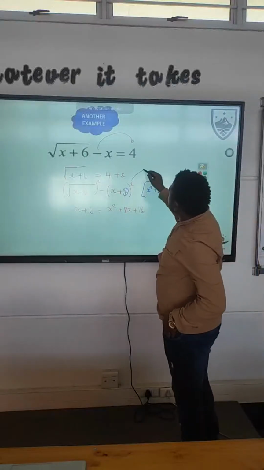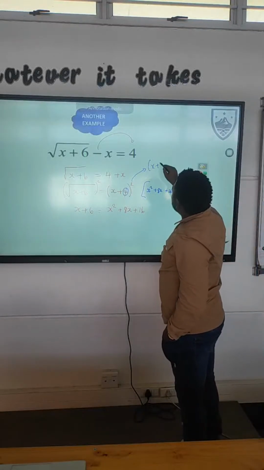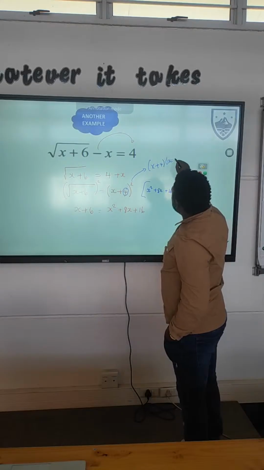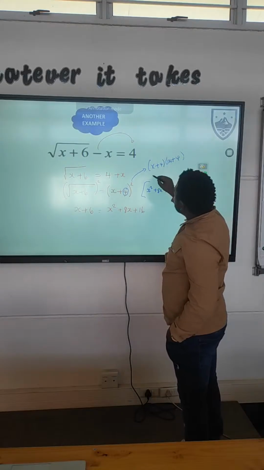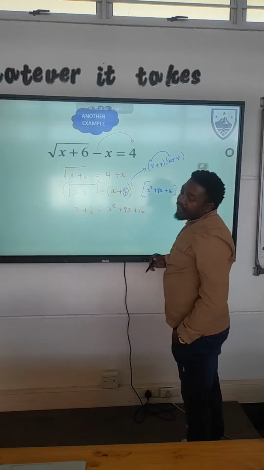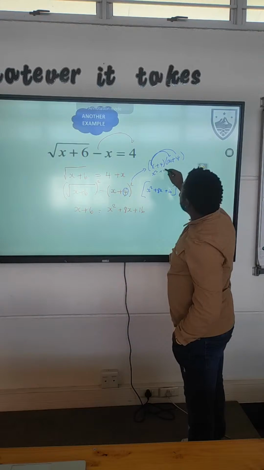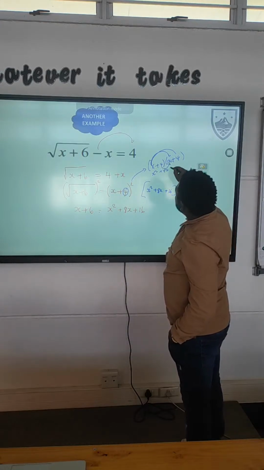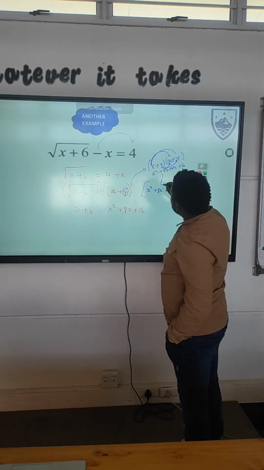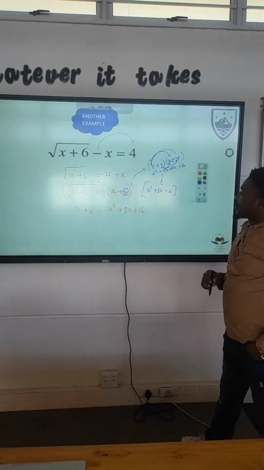But if you still want to open the bracket because you have more time, we multiplied this by that, it gave us x squared, we multiplied this by that, it gave us 4x, we multiplied this by this, it gave us 4x, we multiplied this by this, it gave us 16, and eventually it gave us this solution.